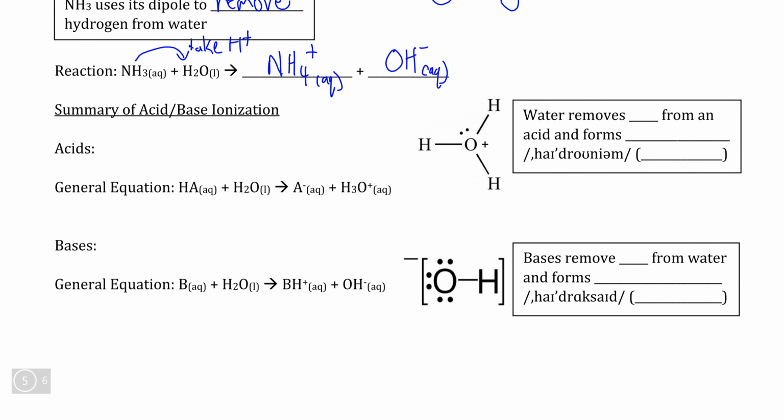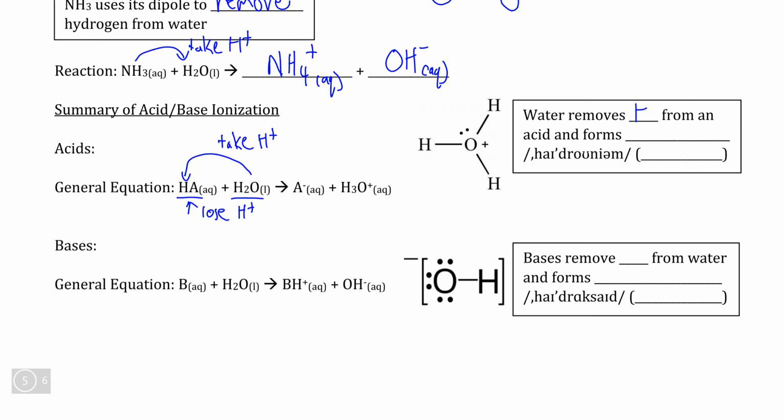To compare acid and base reactions in more general terms so that we can see the difference between the two, remember in acids that water is actually going to be taking the H plus away from acids, or a different way that we can look at it is that acids are going to lose H plus. In fact, that's the literal definition of this acid.